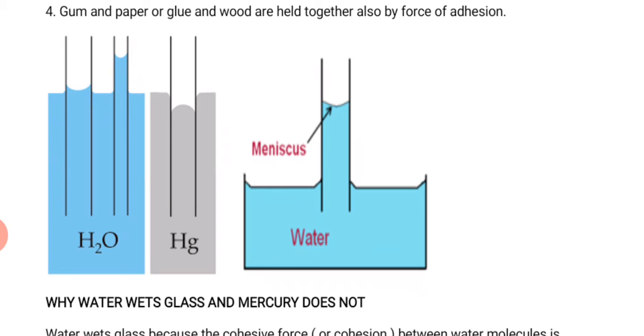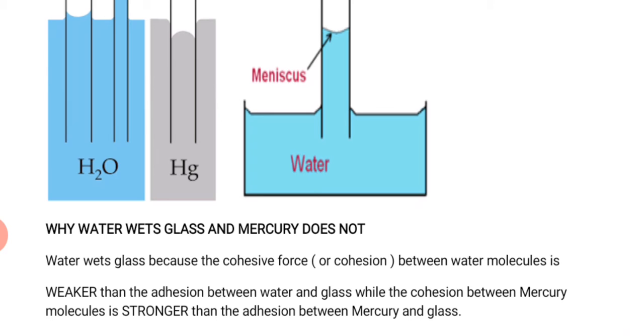If we look at the 2 diagrams, we can see that the meniscus of water curves outward, while in mercury it curves inward. That will be used to explain cohesion and adhesion better.